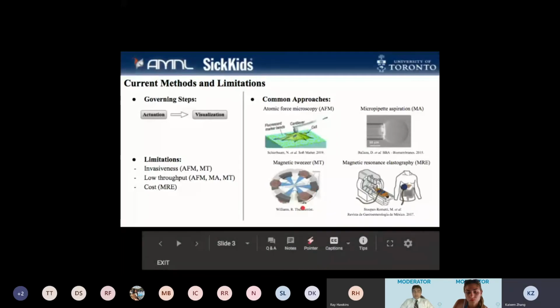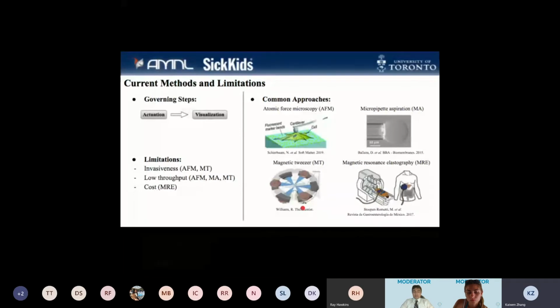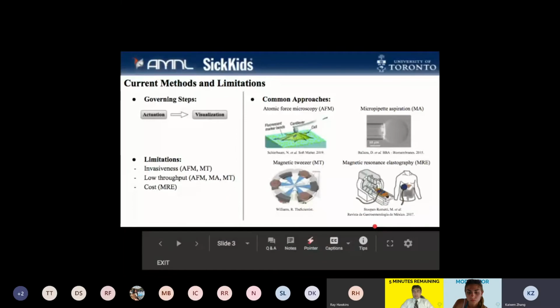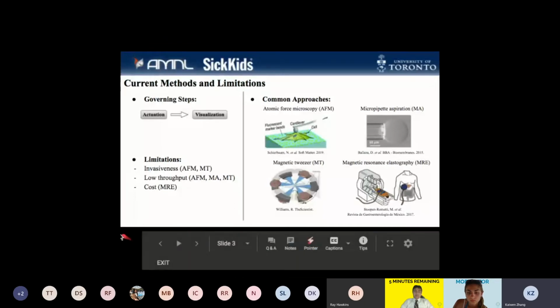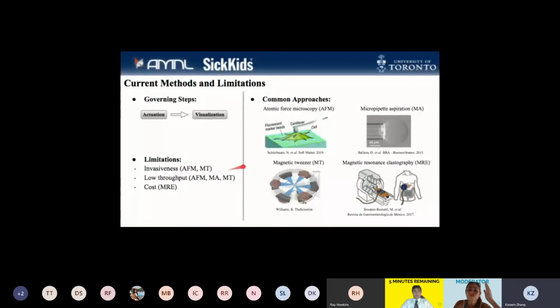In addition, each bead is limited to one specific location, which also gives you a low measuring throughput because if you need to measure multiple locations, you would have to deposit multiple beads. The emergence of MRE that uses MRI in conjunction with acoustic waves is highly prominent, but it suffers from the problem of high cost that is not suitable for a laboratory setting.